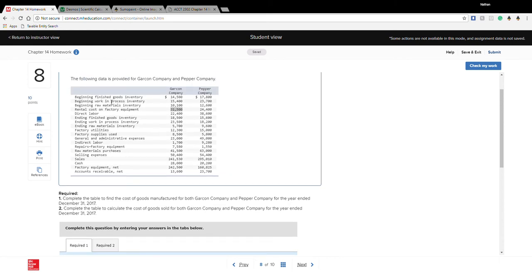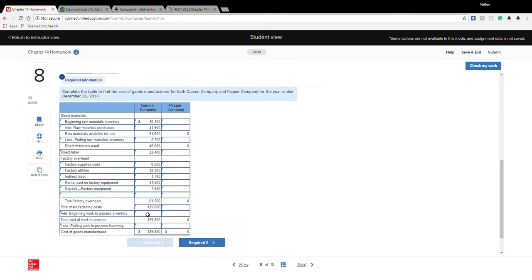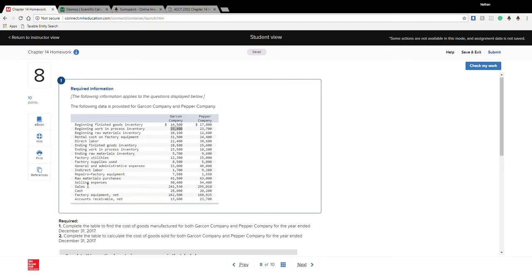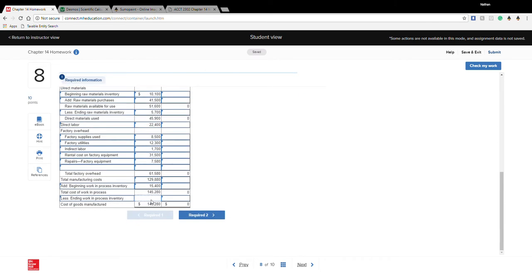So beginning work in progress was 15,400, and ending work in progress, let's see, there it is, was 23,500. So my cost of goods manufactured should be 121,780.